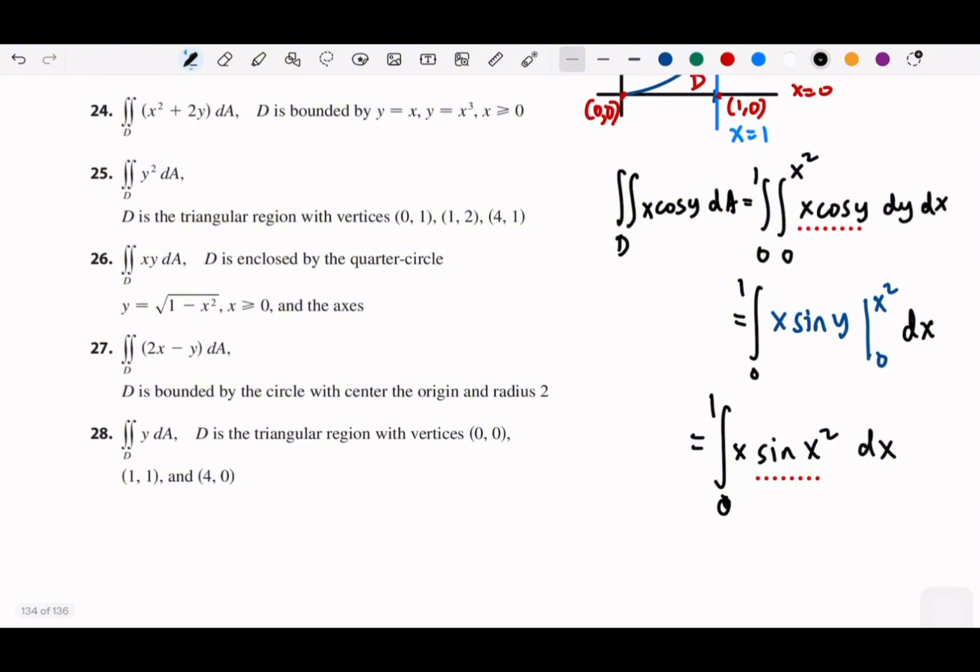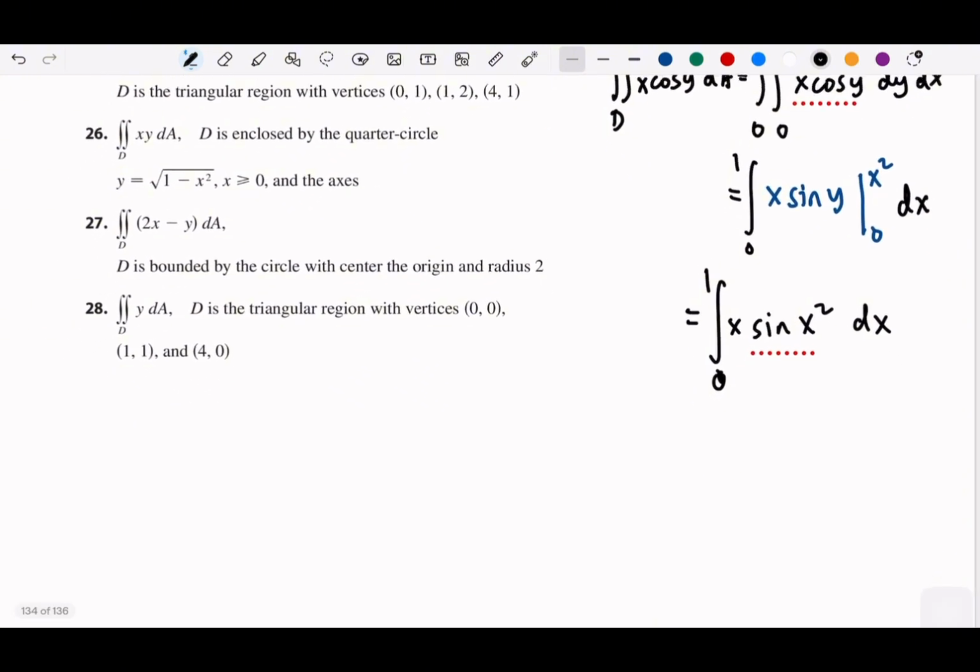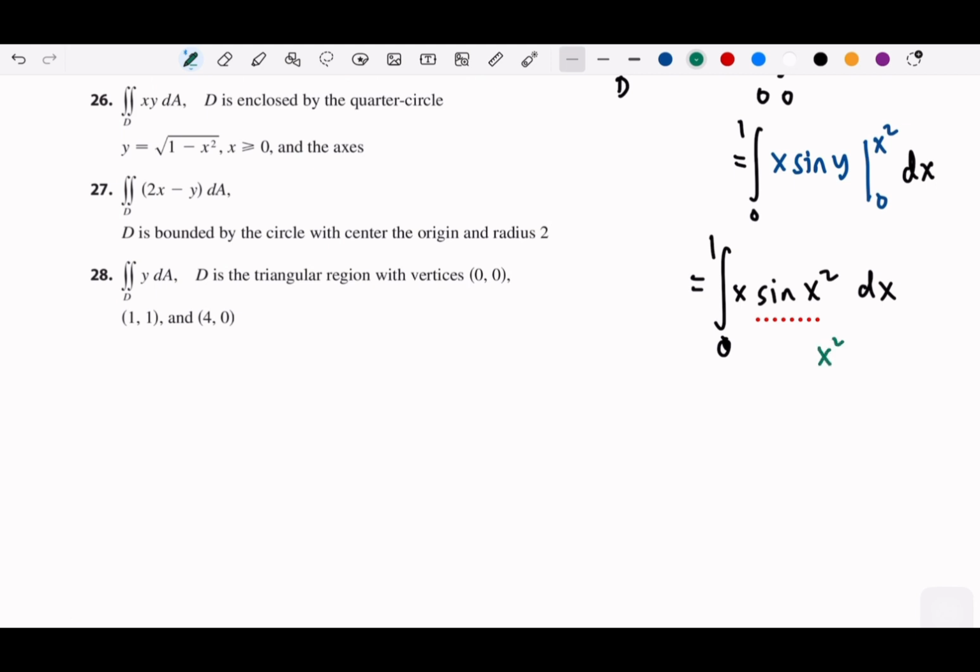And how to solve this? We can use the substitution method. Suppose x squared is u, du is 2x dx. dx is 1 over 2x du. So we get half, and the x will be cancelled, so sine of u du.